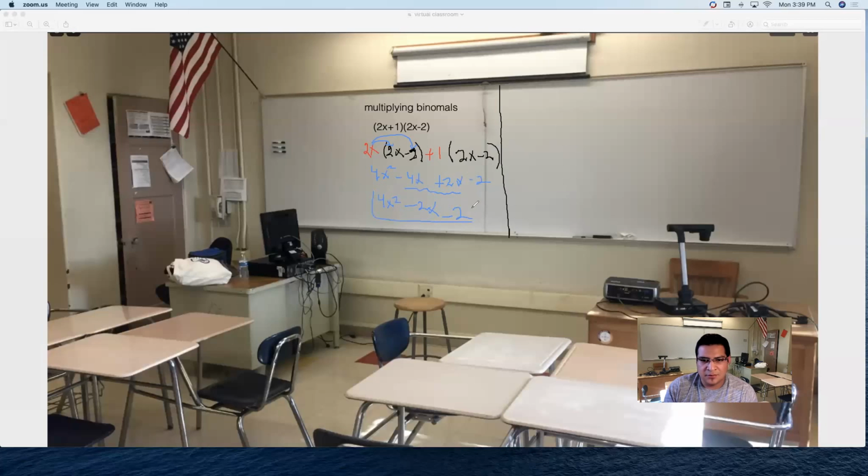You can type a final answer. This will be equal to, and I'm gonna type the answer this time. Let's do it with this color here. So the final answer will be 4x squared minus 2x minus 2.